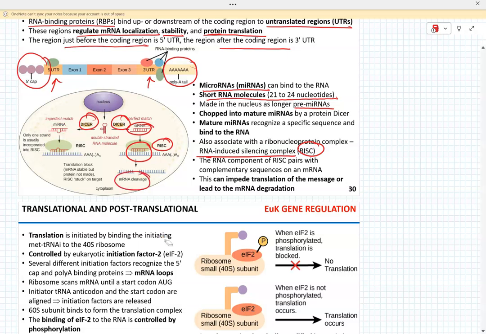However, if microRNA binding to mRNA is imperfect, while RISC will also bind to the target, it will not break down the mRNA molecules, but rather stop the translation from happening because the RISC protein is stuck on its target.